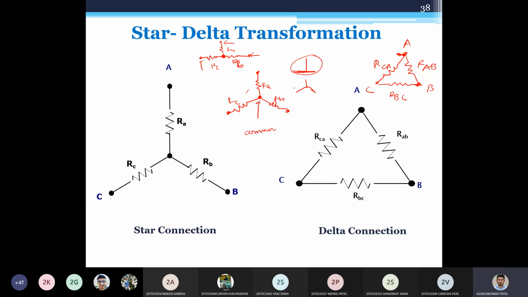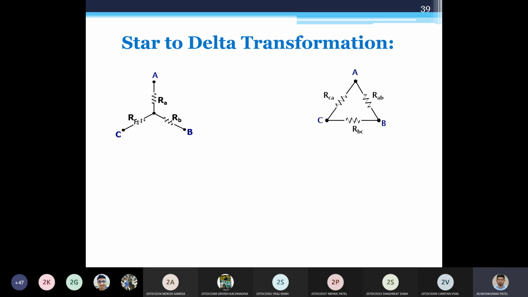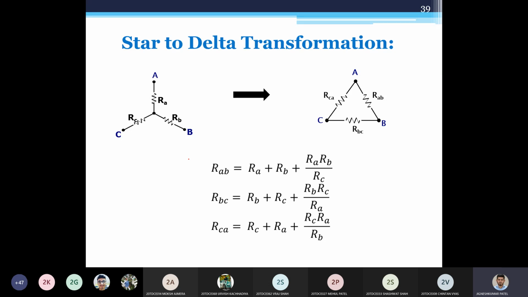And at many places you will see you have to convert from this to this or this to this. So how to convert that? That is basically star delta transform, and how to do that. To convert a star to delta, we have one basic equation, and that equation is this.